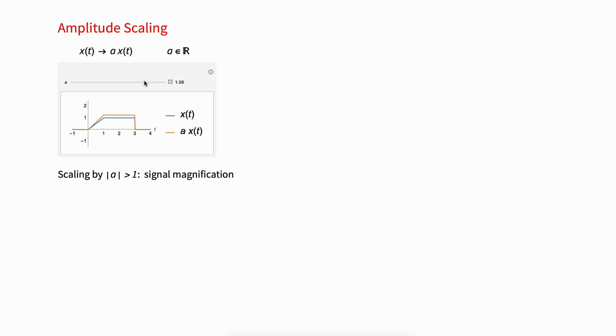If we go in the other direction and look at the signal for positive values of a which are less than 1, we get signal reduction. The range of the new signal is smaller. And if we go in the negative direction, we have the same effects, but on the opposite side of the x-axis. The signal is also flipped vertically. For a equal to -1, we have signal negation.